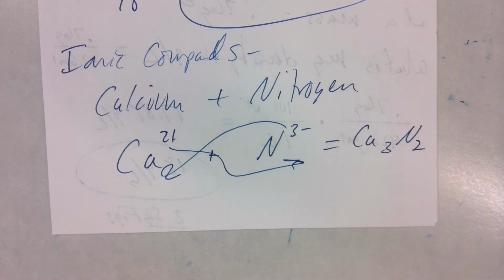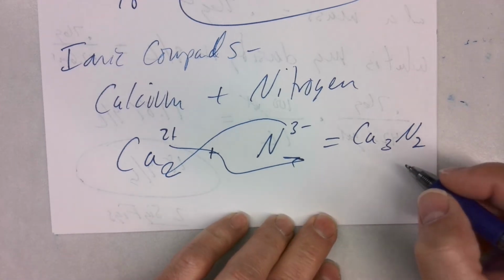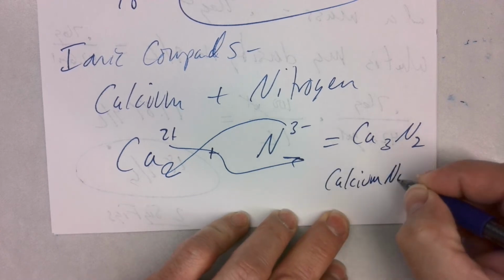We learned 2 different ways to do this. One was with Roman numerals, one was without. Is this a Roman numeral one? Anybody remember what specified that? Is it like calcium 3 nitride or something like that? Nope.